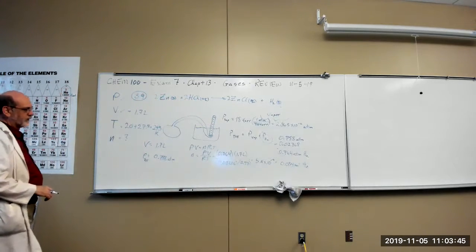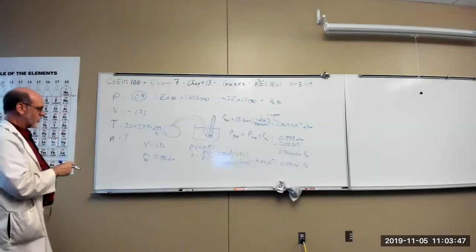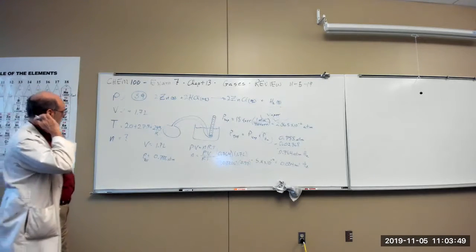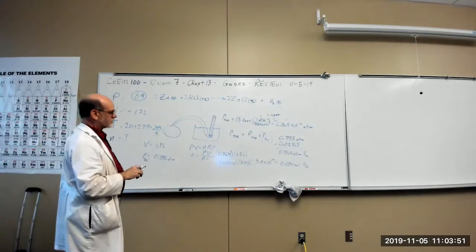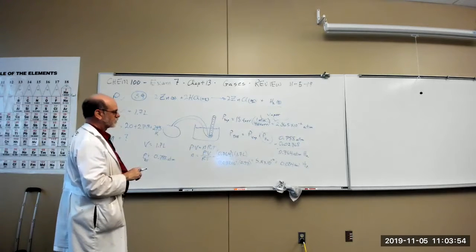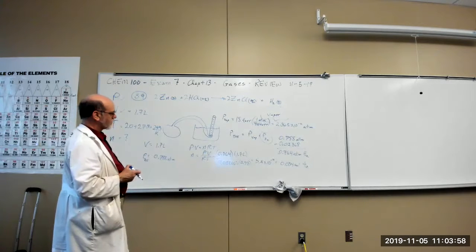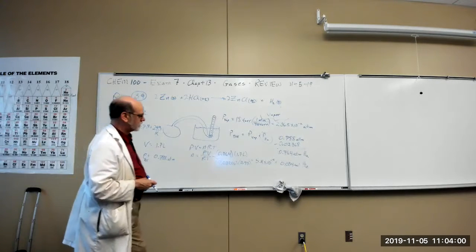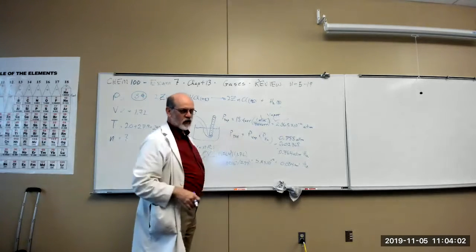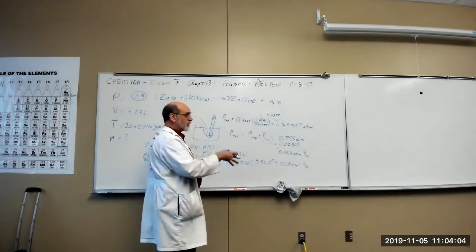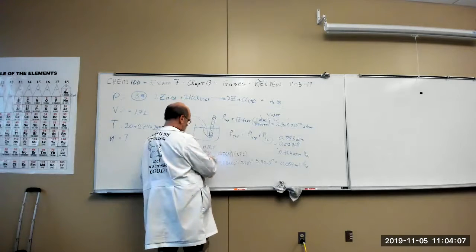Okay? That was not the same problem we worked earlier. It was similar. This one was a little more complicated. But it used Dalton's law of partial pressures, along with the ideal gas equation.